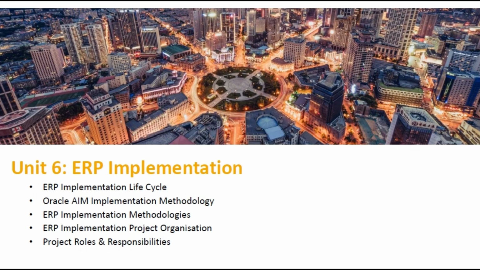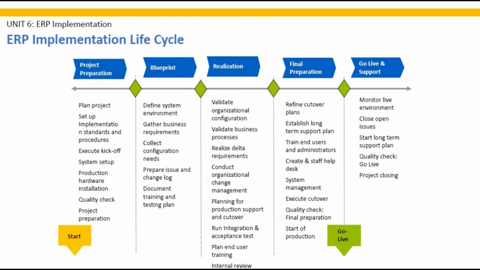So let's look at the broader perspective of the implementation lifecycle, and then we have to fine tune that to the kind of implementation methodology that we are following in the project. I'm going for a generic one. The generic implementation lifecycle would be project preparation, blueprint, realization, final preparation, go live, and support.